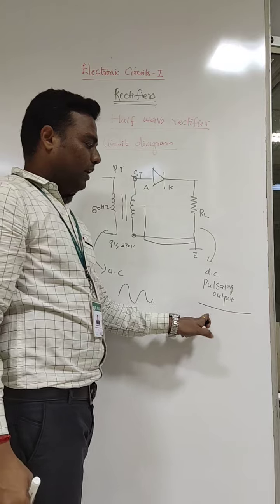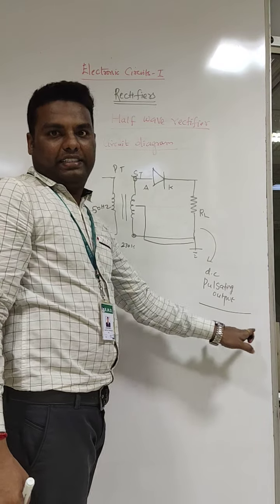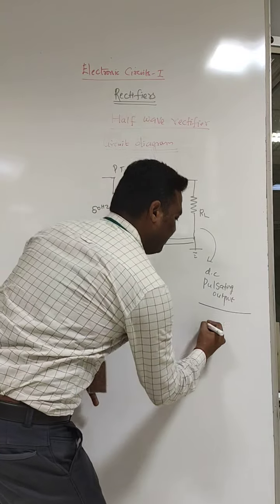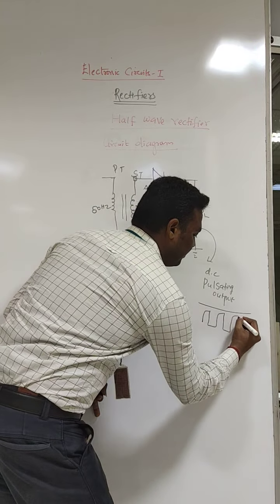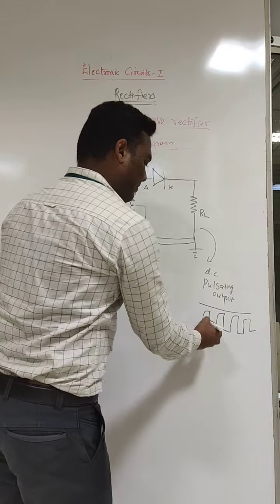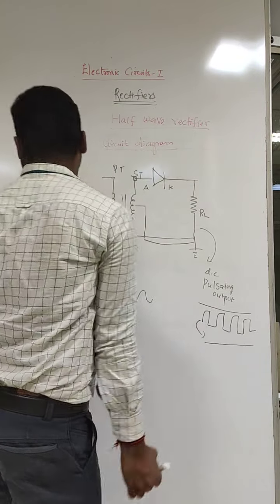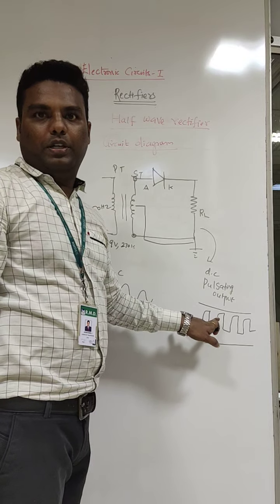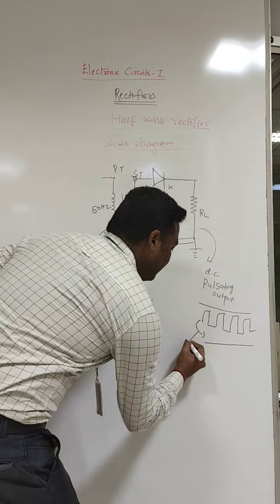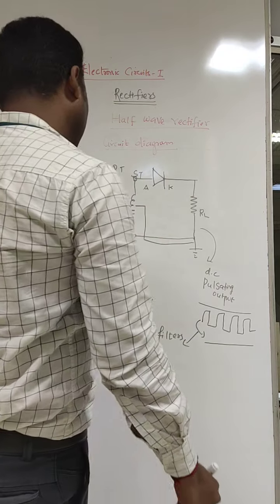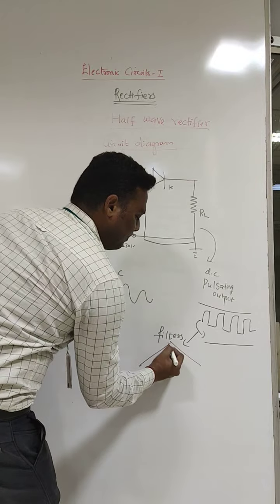But definitely I won't get the output like a direct DC current. The current will vary. Definitely you get something like a pulse wave. I want to convert this pulse wave into a direct wave. There I need a filter. What filters are possible?